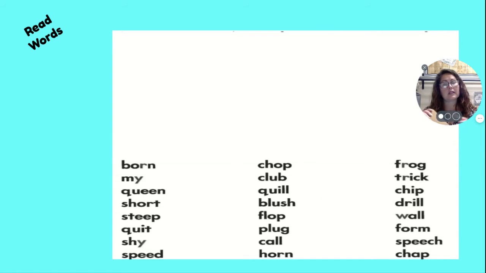Make sure the student is looking at the word, okay? Make them trace each letter and say each sound and then blend. So if they missed club, they would go club, and they would do that 3 times while looking at the word. So pause the video and take a moment to have your child or student read these words.